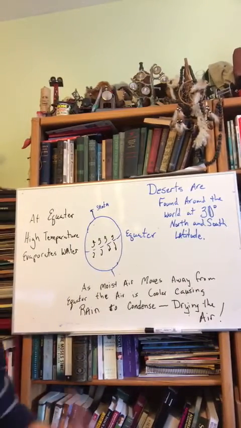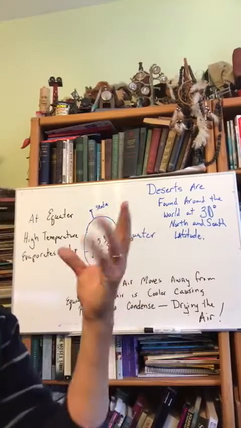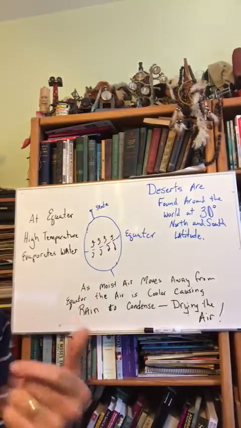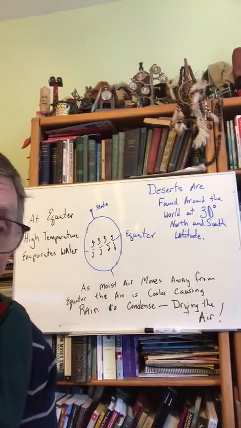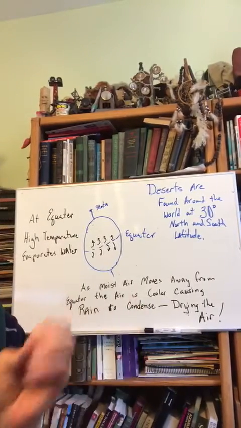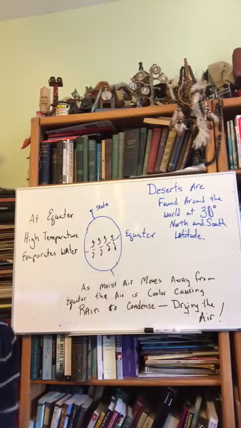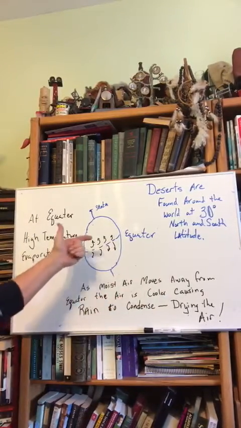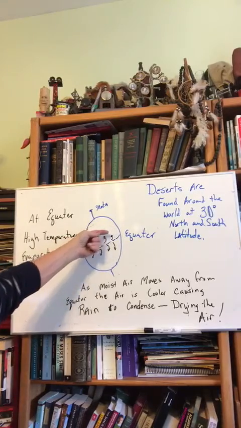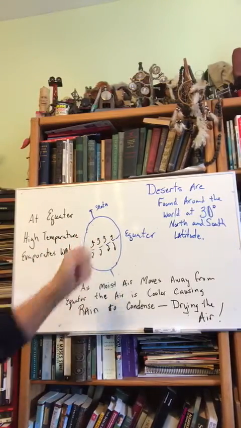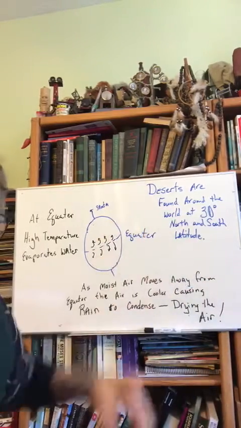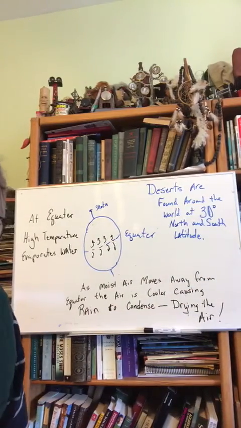Now, as we've moved away, we've seen that we have these first four characteristic biomes. Next, we're going to talk about temperate. And so we start having more and more moisture in the air because of the dry air. It causes more evaporation from the oceans because the air doesn't have any moisture in it.